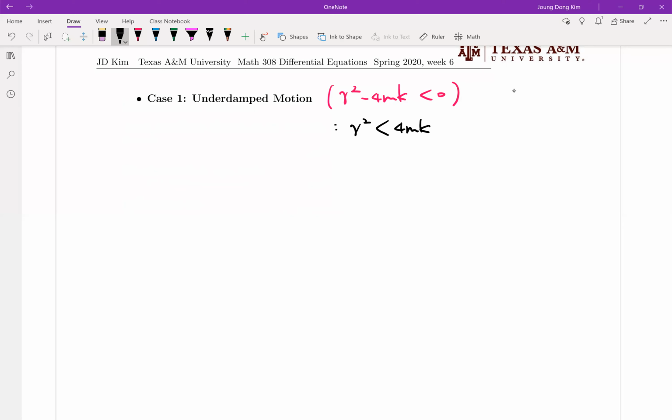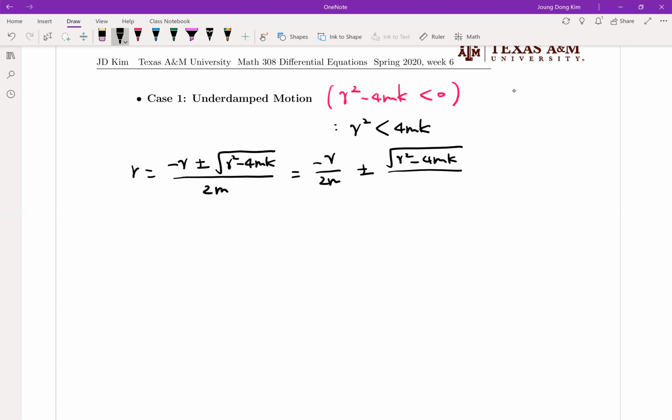Let me rewrite your r. Your r was minus gamma plus or minus the square root of gamma squared minus 4mk over 2m. We also rewrite this in a separate form, which is minus gamma over 2m plus or minus the square root of gamma squared minus 4mk over 2m.